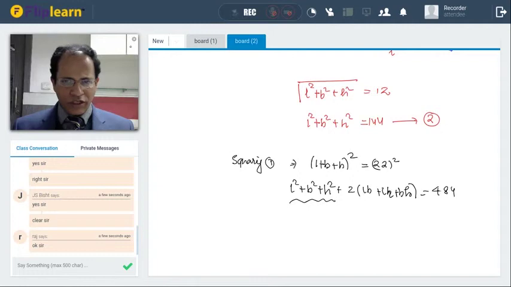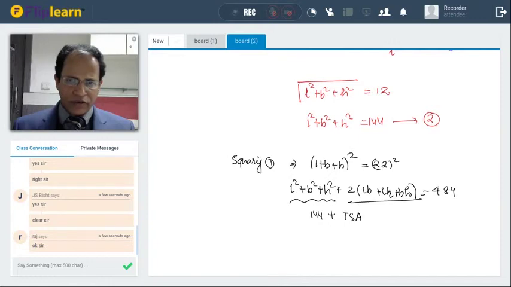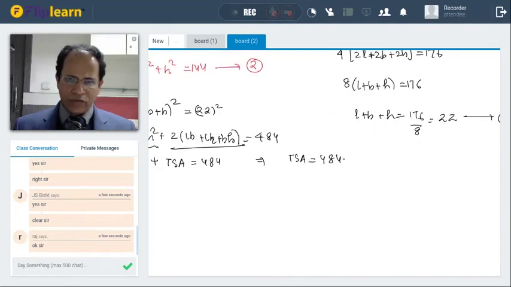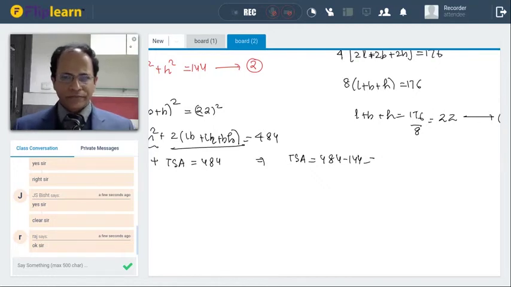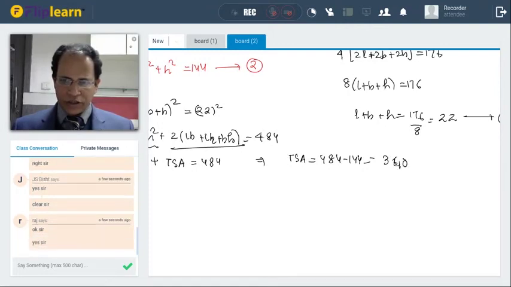This is known to us, 144, plus the total surface area, TSA, equals 484. So TSA is 484 minus 144, which comes out to be 340 centimeter square.